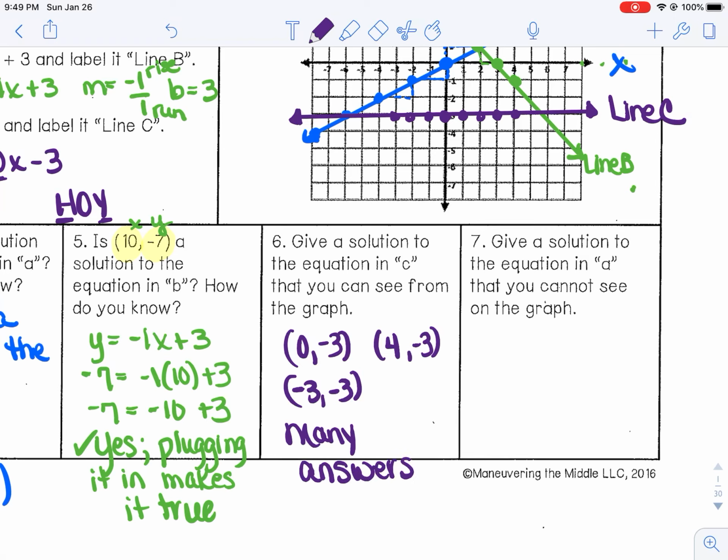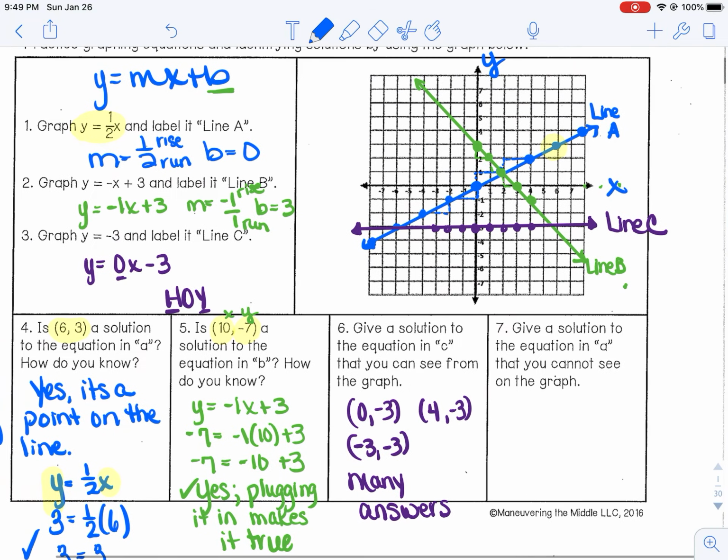Going back to line A, it says give a solution to the equation in A that you cannot see on the graph. So if I'm looking at the graph, I'm trying to find something maybe out here in this upper right-hand corner or down here in the lower left-hand corner. I'm going to try to pick something in the upper right-hand corner because that's dealing with positive numbers.